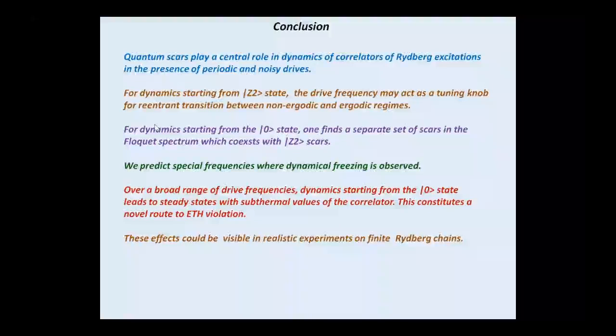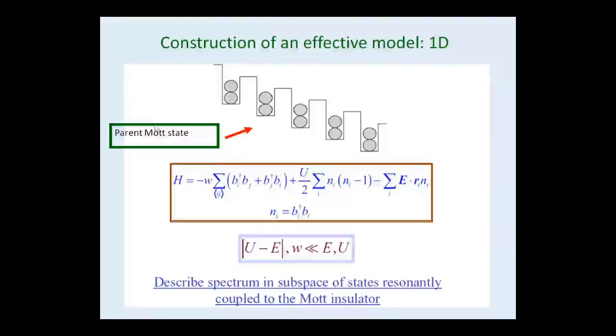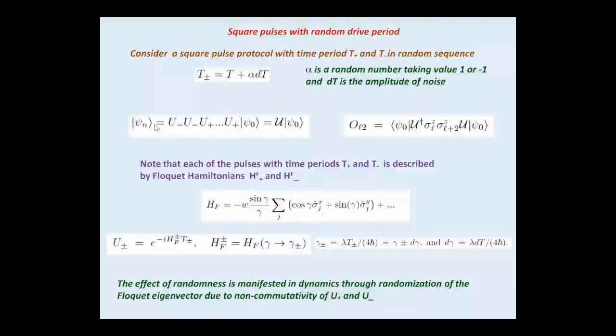Okay. And you mentioned about the noisy drive. So, have you basically studied for? Yeah, actually, we studied this. So we did study some random drive protocol. So I can tell you what this is. We drive it by two time periods.